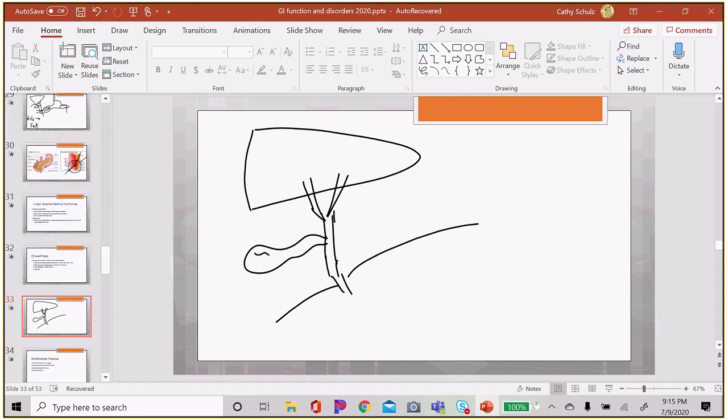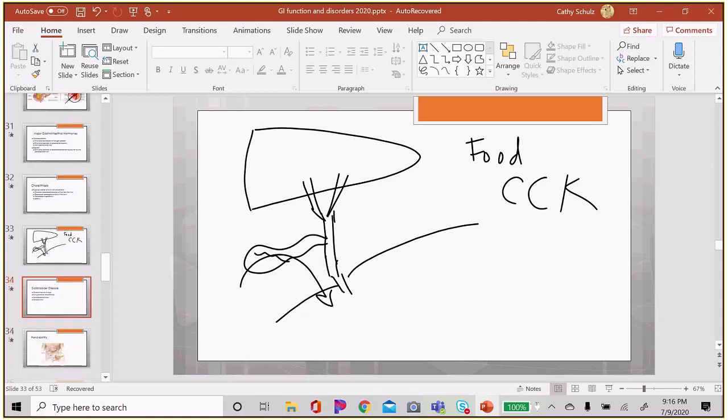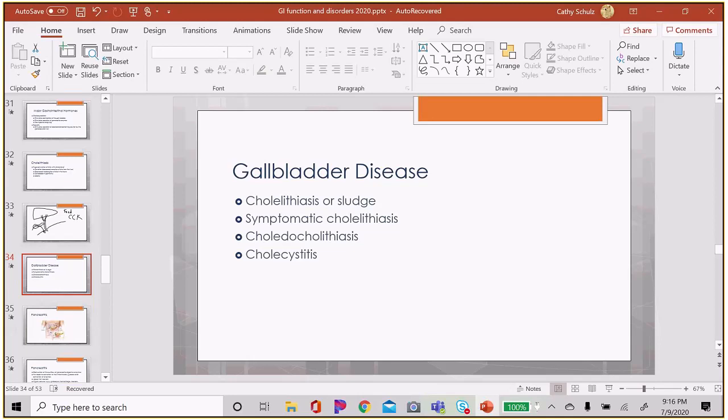So here's my gallbladder that's supposed to just be a storage depot of bile, and the person eats something and food lands in their stomach. That triggers the release of cholecystokinin, which causes contraction of the gallbladder to allow bile to move down the common bile duct into the small intestine. That's how it's supposed to work.